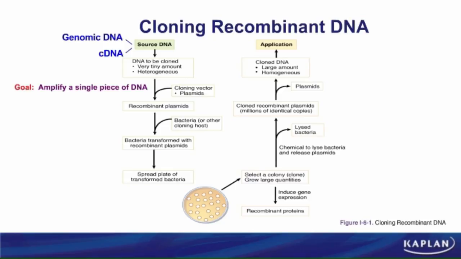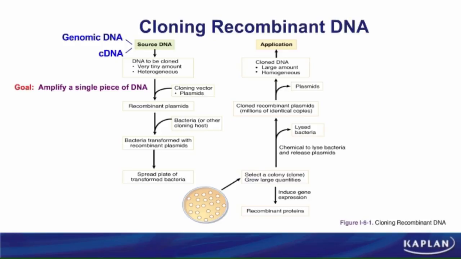Then we take those pieces of DNA that came from the chromosomes and splice them with some bacterial vector. It doesn't have to be bacterial vectors; it can be other kinds of vectors. But by doing so, we generate recombinant plasmids. In this example, human genes are spliced in with bacterial plasmids to generate recombinant plasmids.